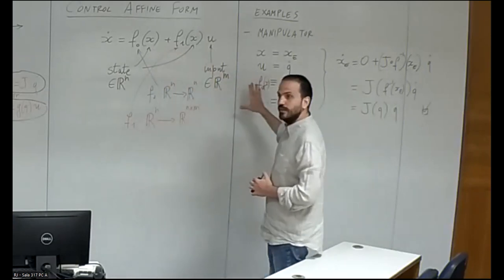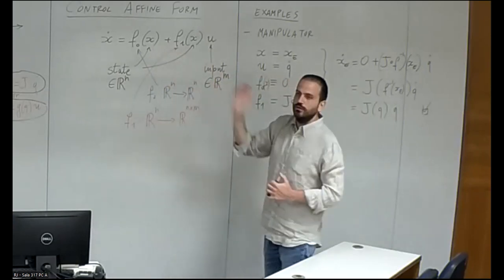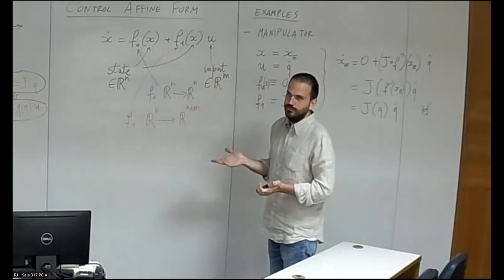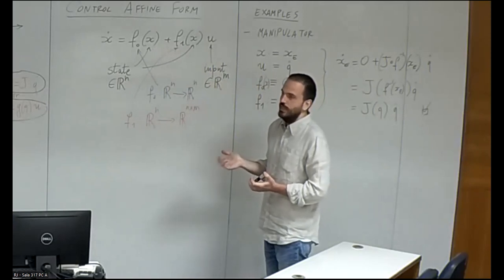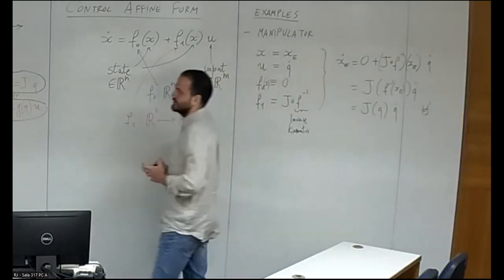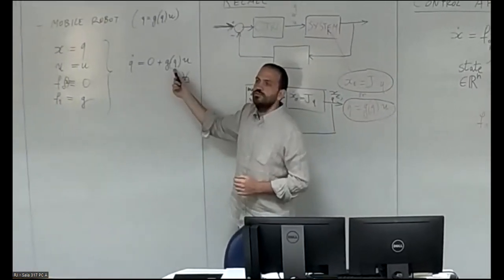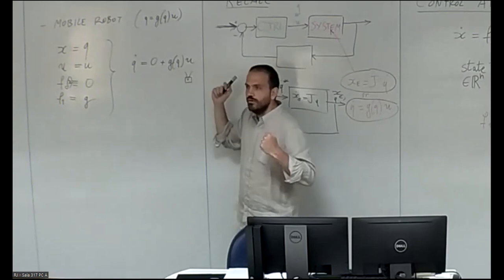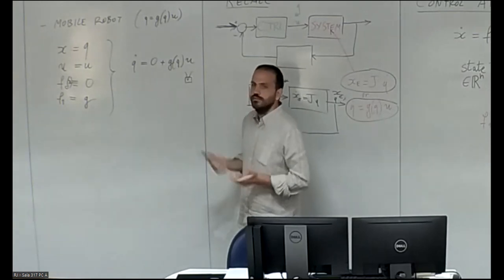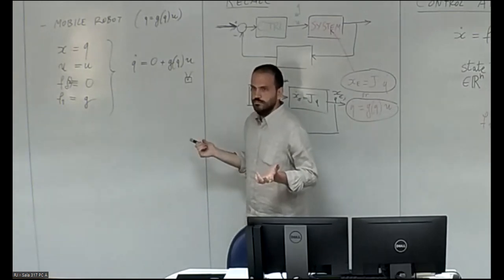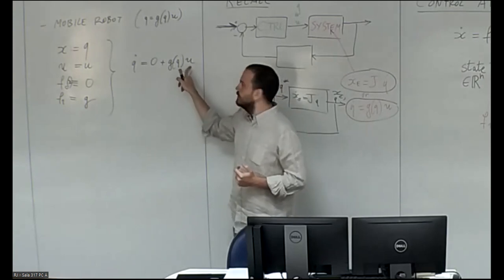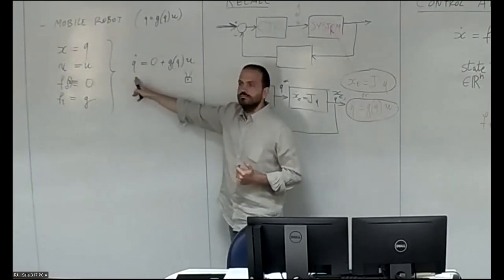And in the kinematic models for manipulators or mobile robots, there are no inertial effects. What does that mean in practice? No matter how fast I'm moving, if I give as a control u equal to 0, then q dot is equal to 0. I'll stop right away.